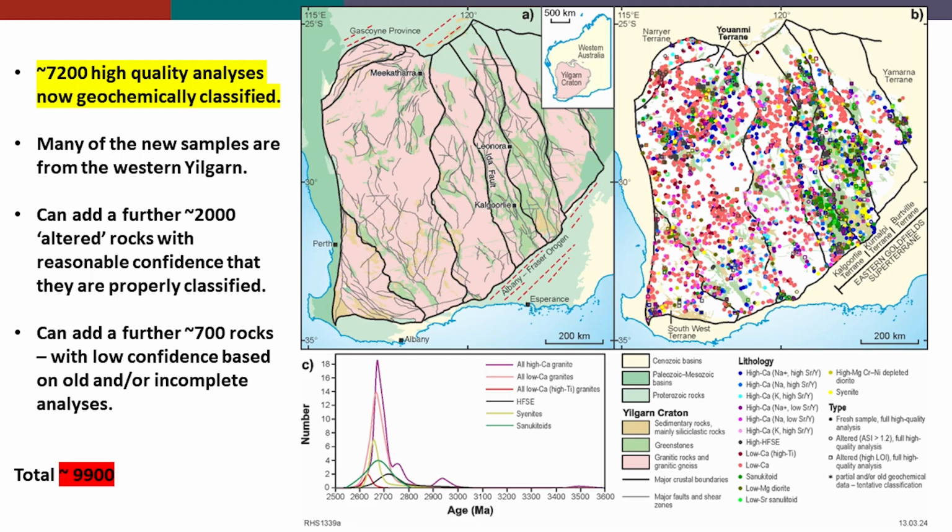Why granites are so useful in this respect is, I don't really expect you to take note of all the different classifications of granites that we've got, but the combined source regions of all of those granites, as I say, span the entire lithospheric column.